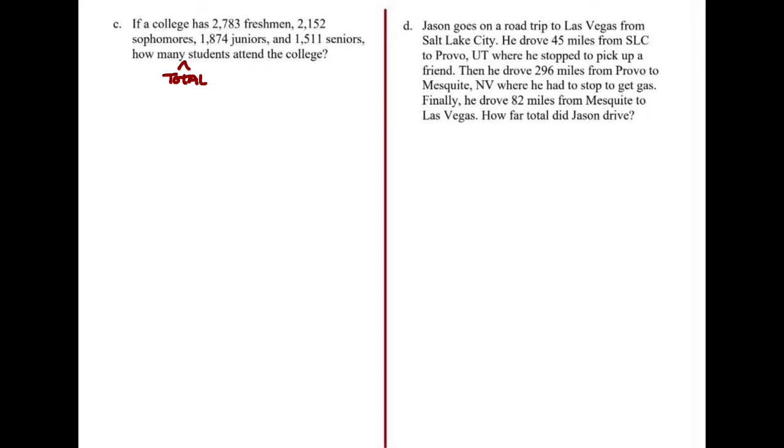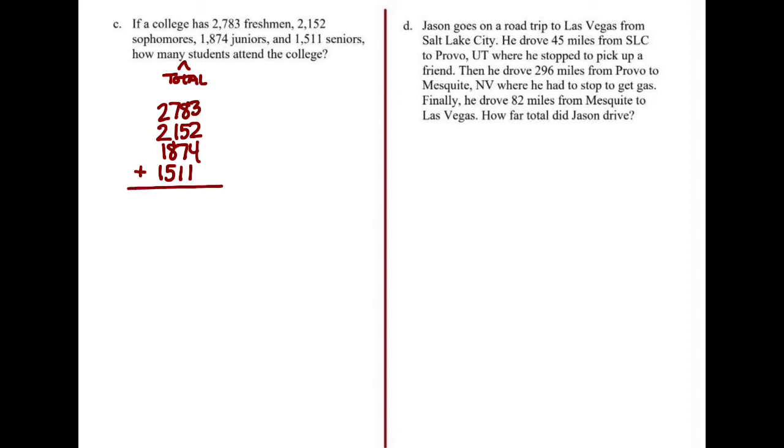We understand that they're going to be added together, and our plan is, well, let's just line them up on top of each other and add them up in a great big column. So here we go. 2,783 freshmen, 2,152 sophomores, 1,874 juniors, and 1,511 seniors.